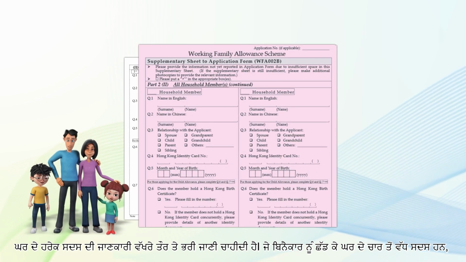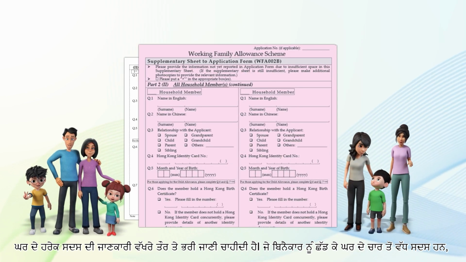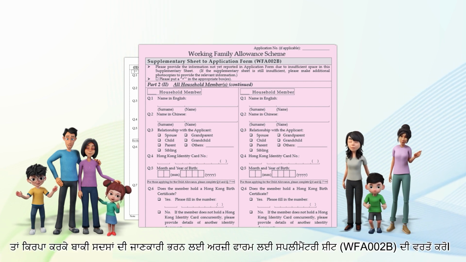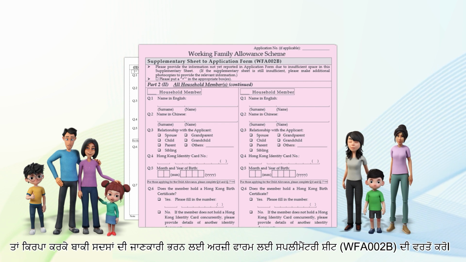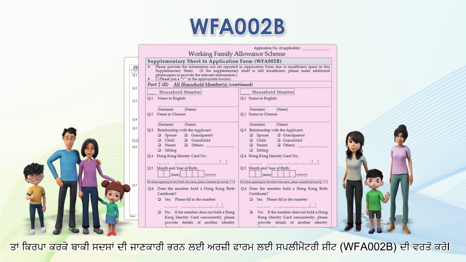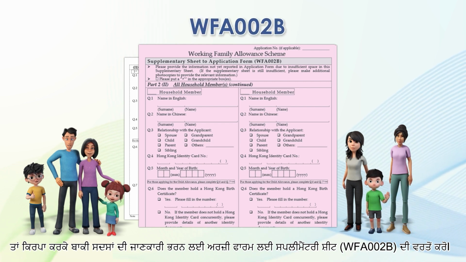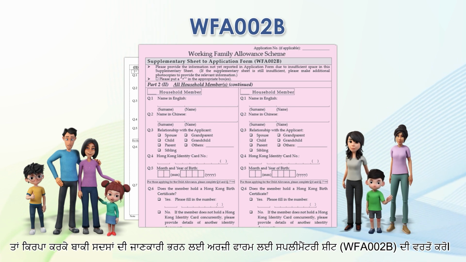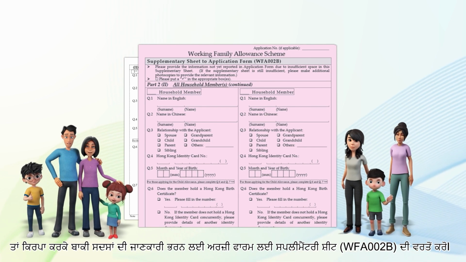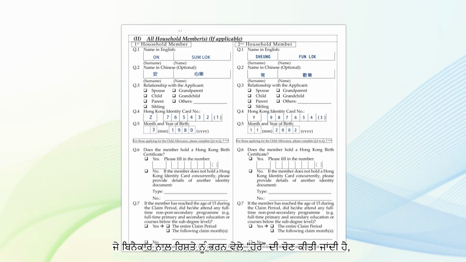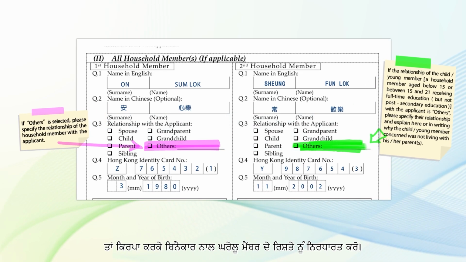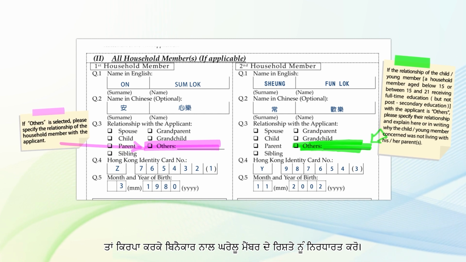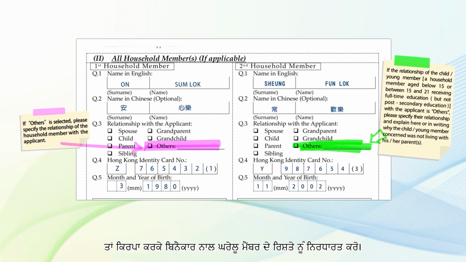If there are more than 4 household members excluding the applicant, please use the supplementary sheet to application form, WFA 002B, to fill in the information of the remaining members. If Others is selected when filling in the relationship with the applicant, please specify the relationship of the household member with the applicant.